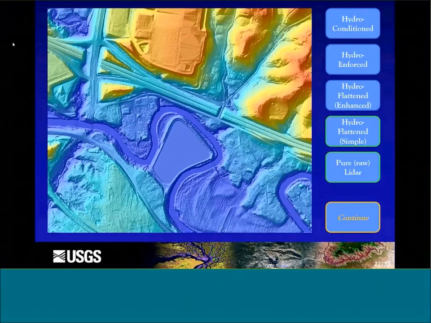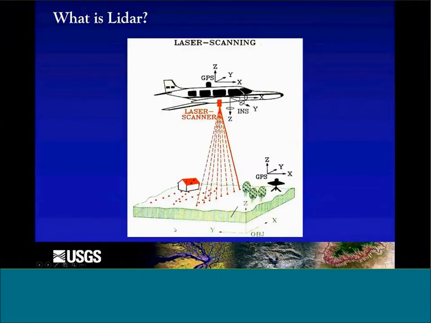Could you explain what you mean by point spacing? We try to use the term pulse spacing more than point spacing. First of all, I had a slide for this, but I took it out for time reasons.